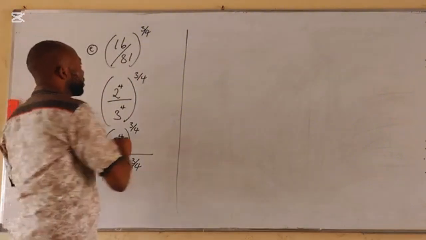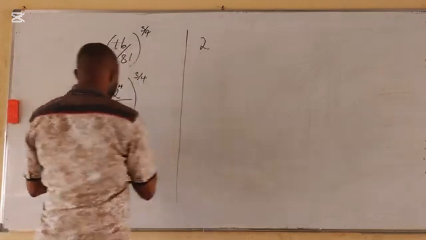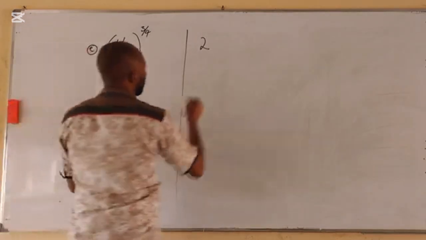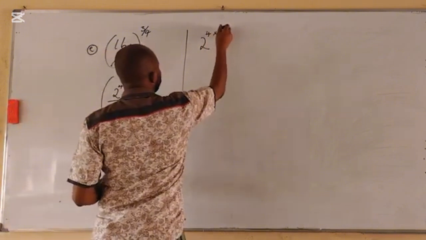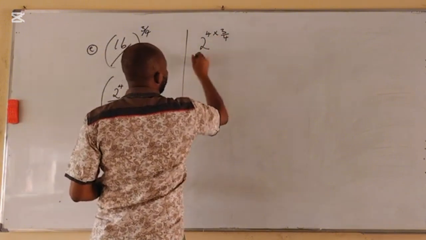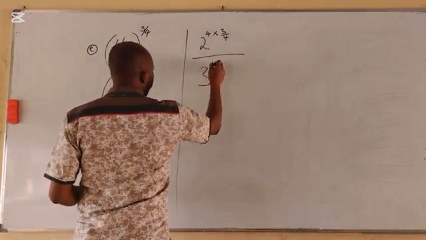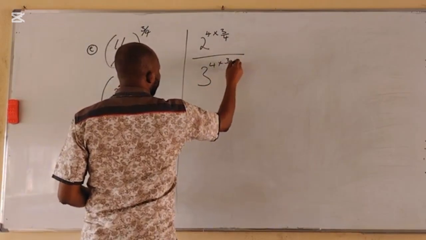Now here is 2 raised to the power 4 times 3 over 4, over 3 raised to the power 4 times 3 over 4.